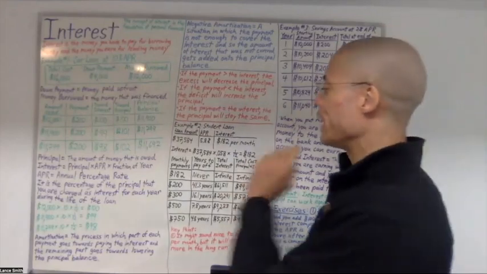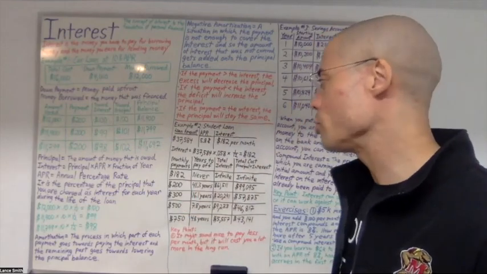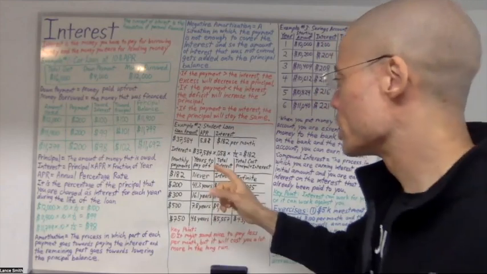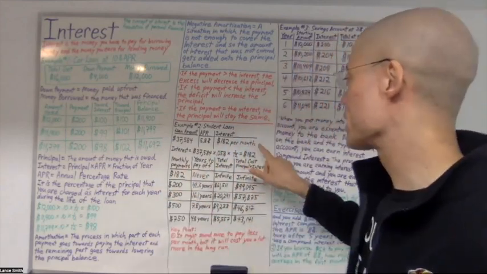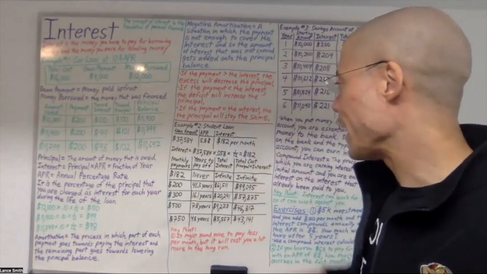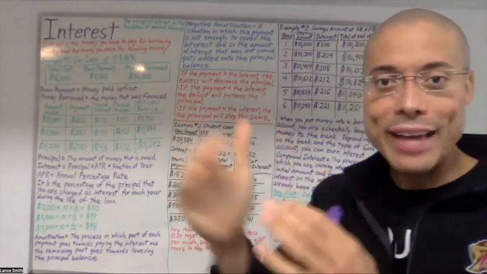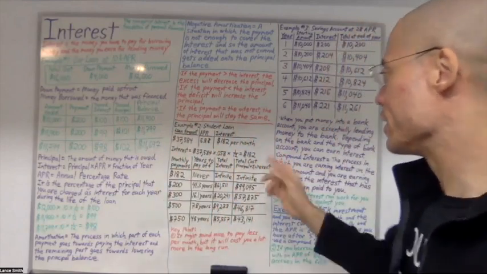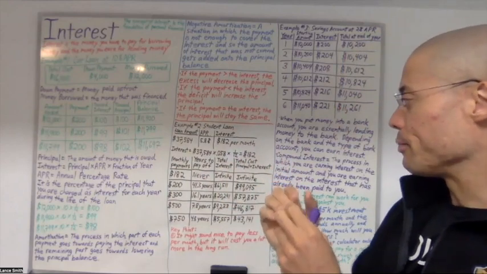But now, let's say that you pay $200. Suppose that your monthly payment is $200. The interest owed is $182, but you're paying $200 a month. That means you have excess, so you're paying $18 extra.